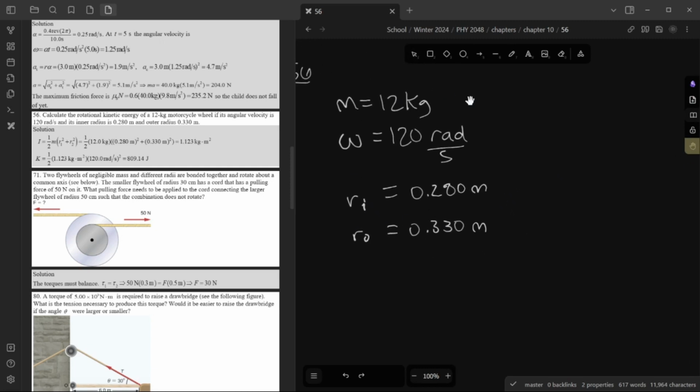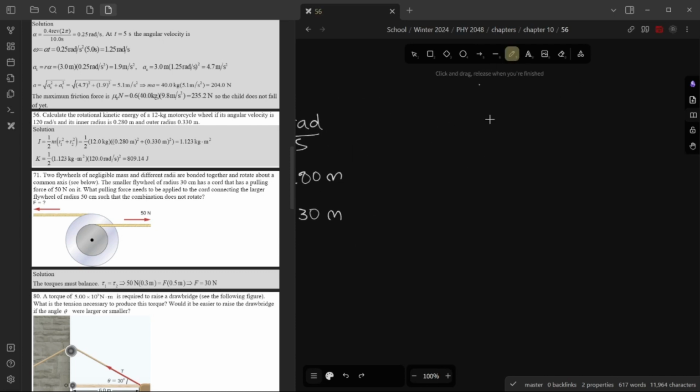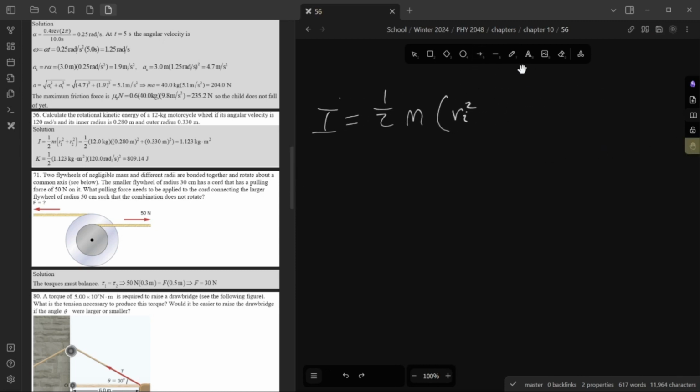But yeah, we have everything we need. The only thing we don't have on the formula sheet is the moment of inertia of a ring. And that is one of the things you have to be able to remember for the exam. So for a ring, the moment of inertia is I equals 1/2 mass times R inner squared plus R outer squared.